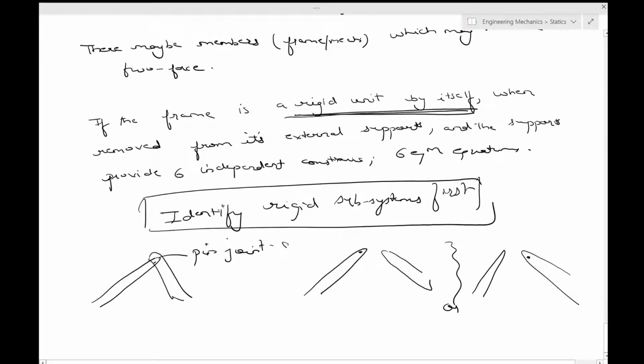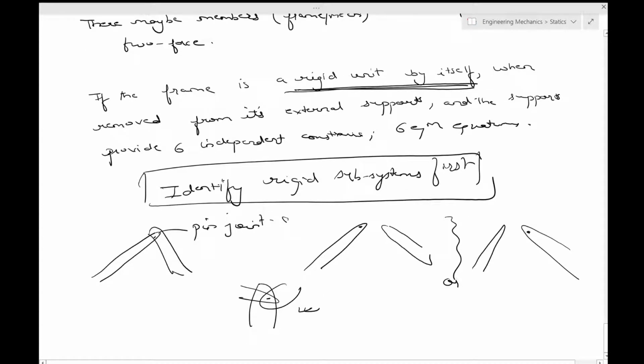The cases where it can make some difference is when you have, say, more than two members connected by a pin, say something like this, okay. This is three members, so this can make some difference. Now two members pinned to a support is the other situation, and an applied load acting on a pin connecting two members. So if the pin itself is like this, and then there is a force on the pin, okay, in this case there is no force on the pin.